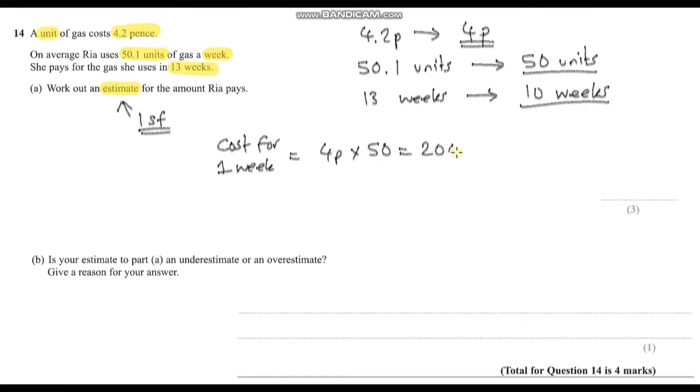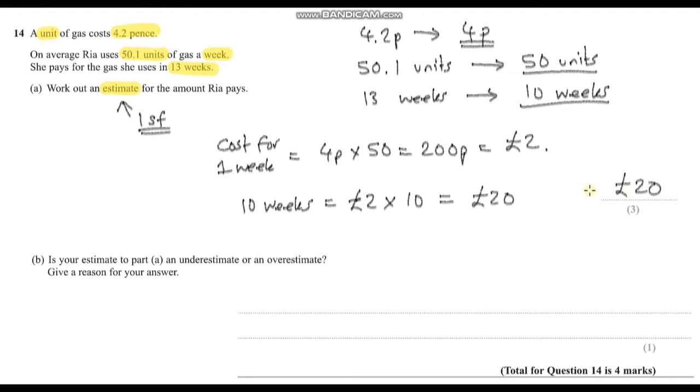Well, that's going to be 200 pence, which is the same as £2. So in 1 week, she spends £2, but we need to work out the total cost. So over 10 weeks, it's going to be £2 times 10. Well, 2 times 10 is £20. So the answer I'm going to give is £20.